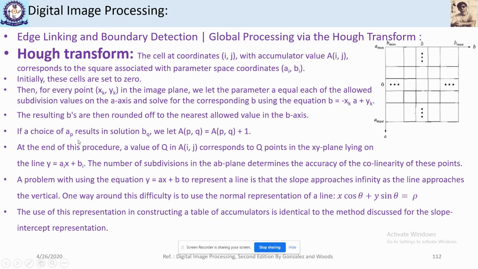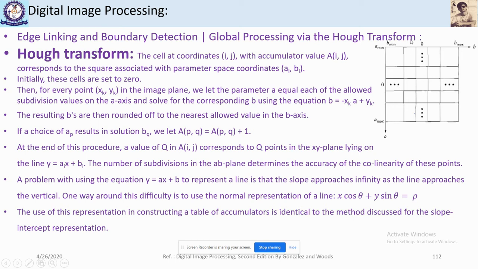Now if a choice of ap results in solution bq, then we let that apq be equal to apq plus 1. Suppose here is ap, and corresponding to this ap we put into this equation, and the value of b we have got is bq. So here is ap, here is bq.